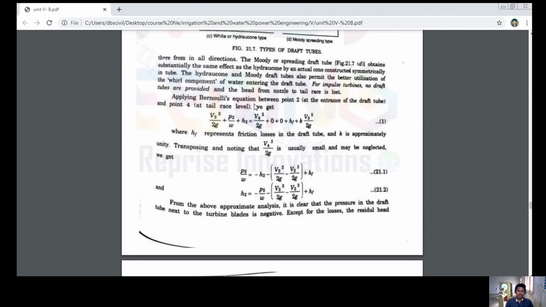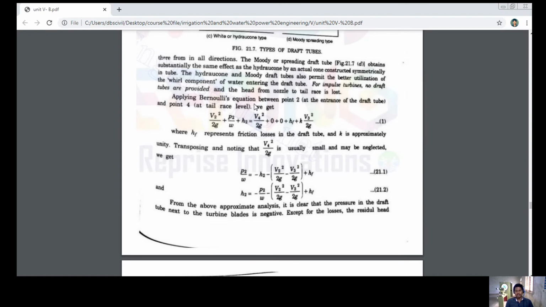Here HF is nothing but friction losses in the draft tube and K is approximately unity. Transposing, and noting V4 square by 2g is usually small and may be neglected, finally we get P2 by w equals minus H2 minus V2 square by 2g minus V3 square by 2g plus HF.